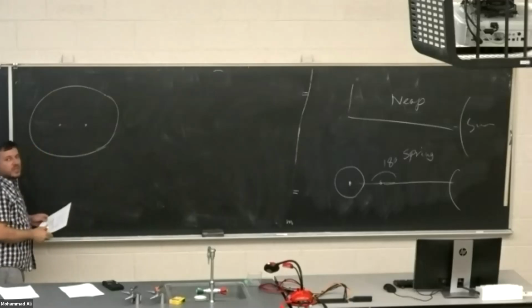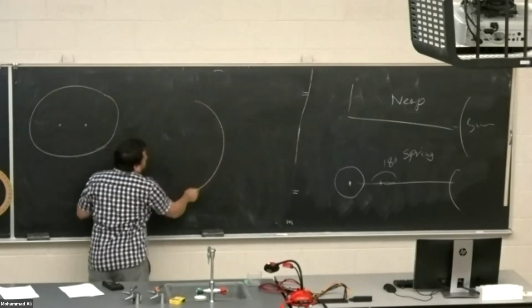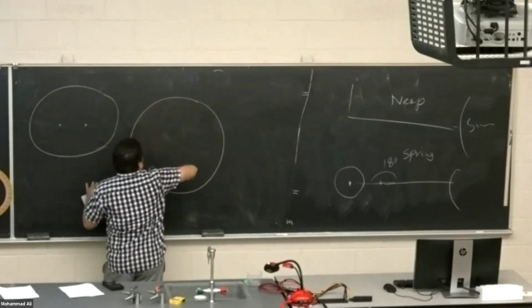The ellipse is just a closed shape. The circle is a special case of the ellipse.